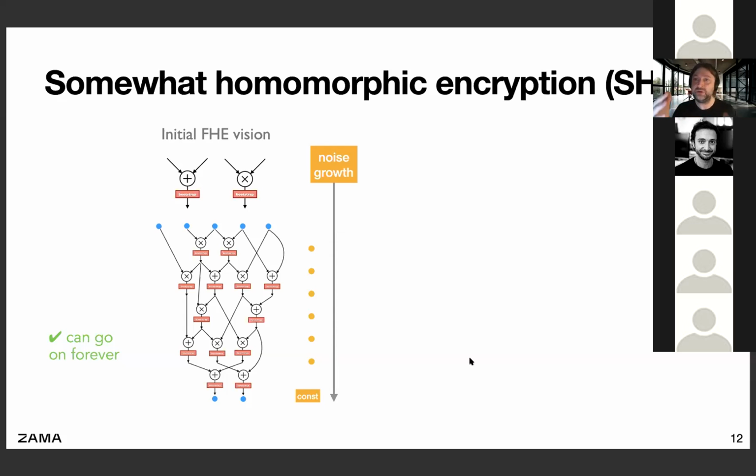Every time you want to do a Boolean gate, you're going to do a bootstrapping. Maybe not for the addition, but at least for the multiplication, you will have to do that. And if you do that every step during the Boolean circuit, then the size of your noise is going to remain constant, because every time it doubles, you just put it back into its nominal size. So you can go on forever and perform computations ad infinitum.